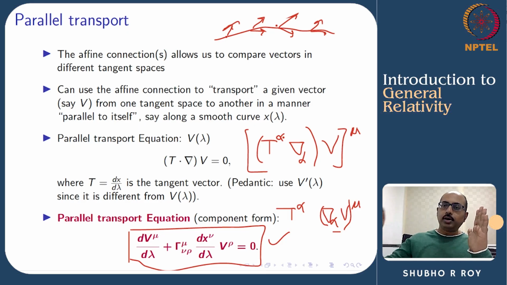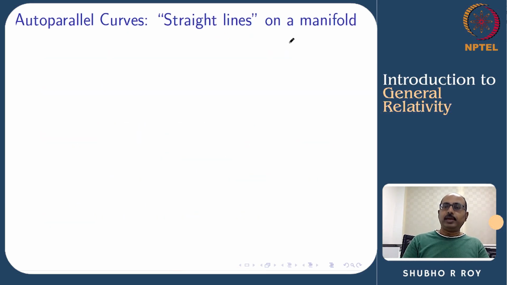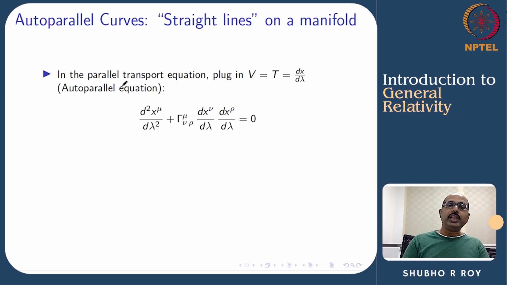Now this notion of a parallel transport of a vector parallel to itself along a curve can be used to define straight lines on a manifold. How do we do this? In the parallel transport equation, you take the vector which you are parallel transporting along the curve to be the tangent vector itself. So you just have a tangent vector, and you try to transport it parallel to itself.